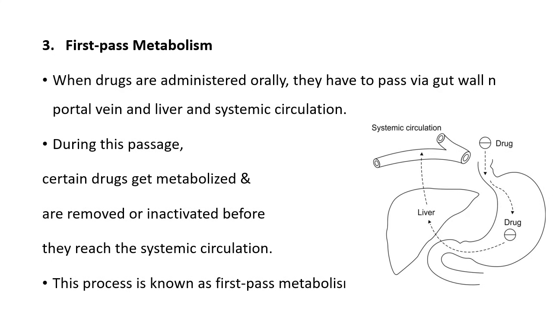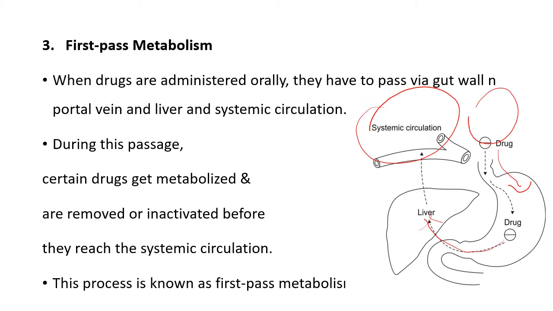So the next factor is first pass metabolism. This is a very important topic for exam point of view. As you can see in the figure, drugs go into the stomach, then disintegrate and dissolve, and then go through the hepatic portal vein to the liver and then systemic circulation.